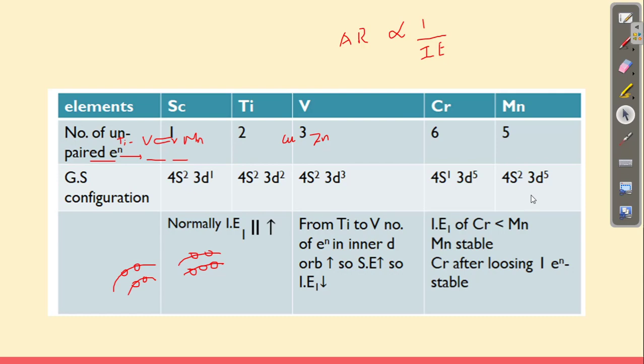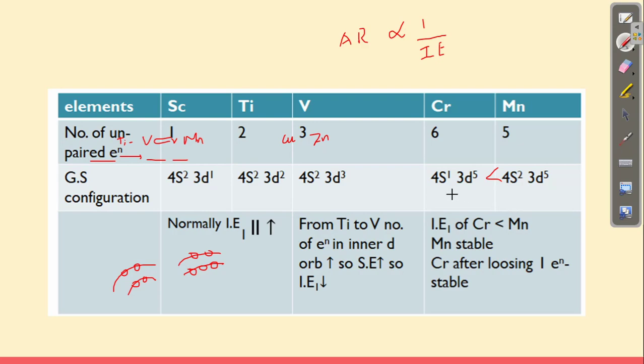Removal of an electron from a stable configuration needs a large amount of energy. In chromium, it has a 4s1 electron, so it will be very easy to remove this one electron than the 2 electrons in the s orbital. Hence for first ionization enthalpy, chromium will have lesser ionization enthalpy than manganese.